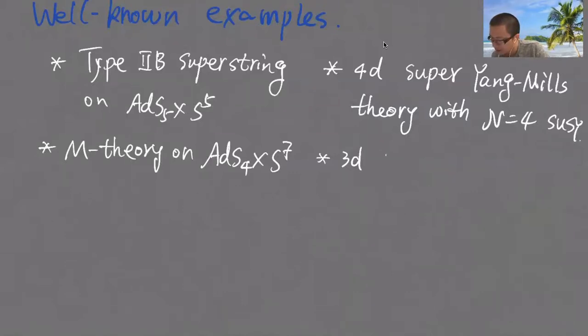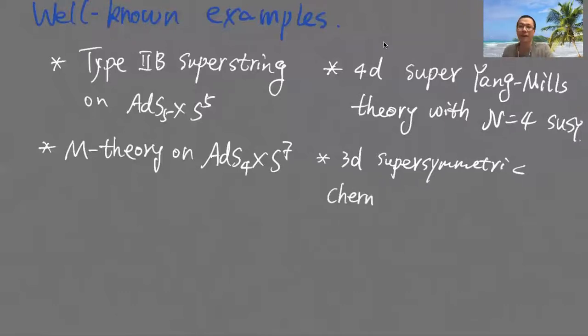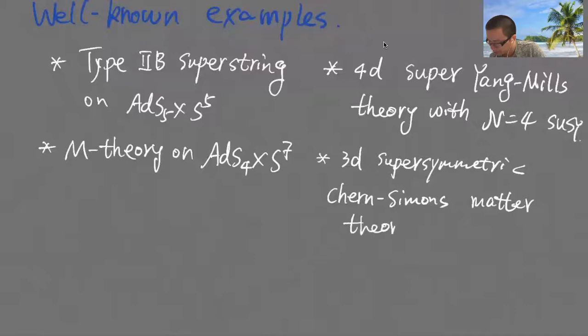It turns out it's a 3-dimensional supersymmetric Chern-Simons theory. In 3 dimensions, it's natural to define a Chern-Simons theory coupled with matter. So it's called Chern-Simons matter theory, also often known as ABJM theory.